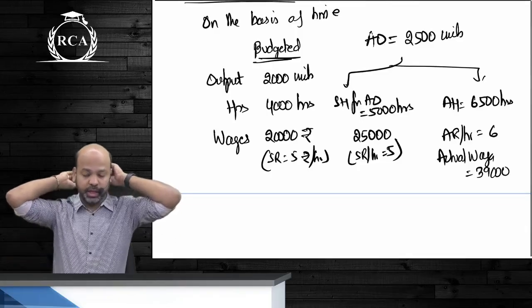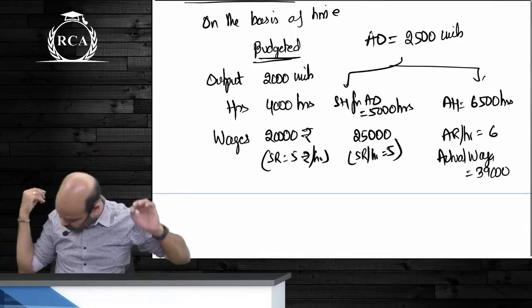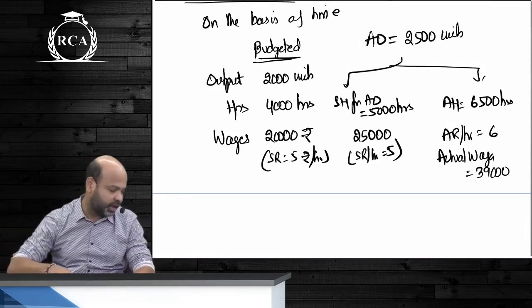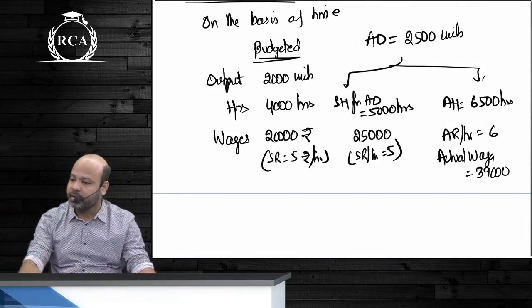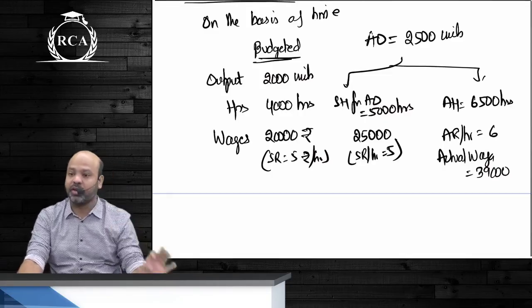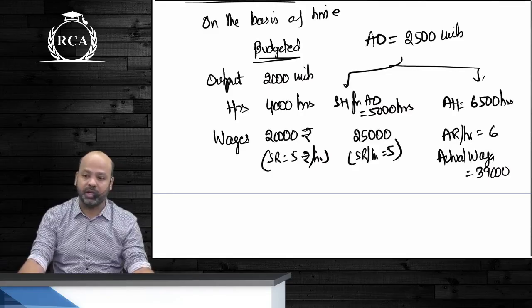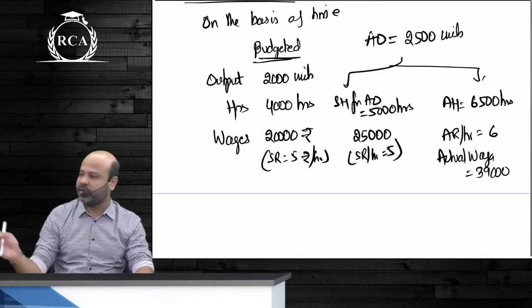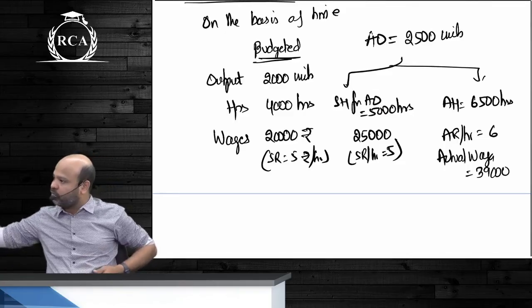I told you the other day that efficiency variances are always measured at standard cost. Yes or no? So those 1,500 hours you are going to multiply by 5 rupees per hour. On account of efficiency, my variance is going to be 7,500 adverse.